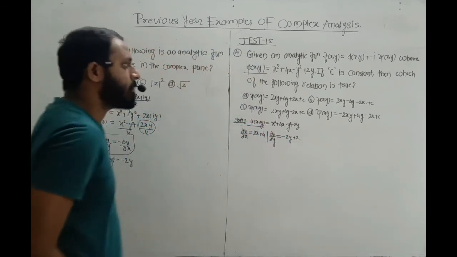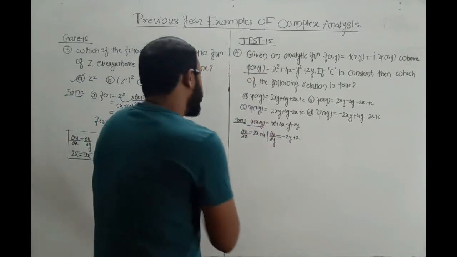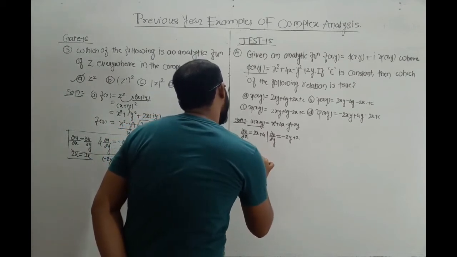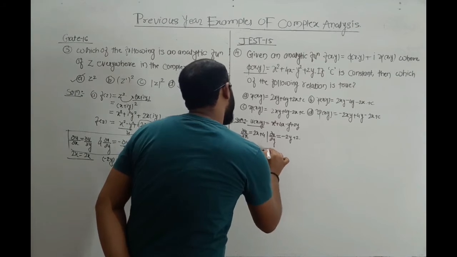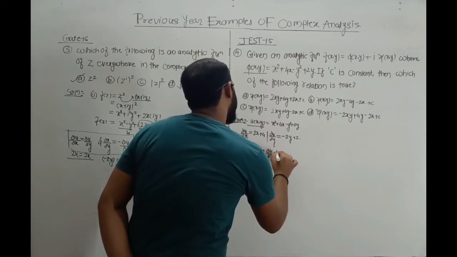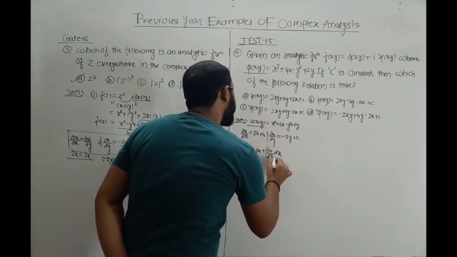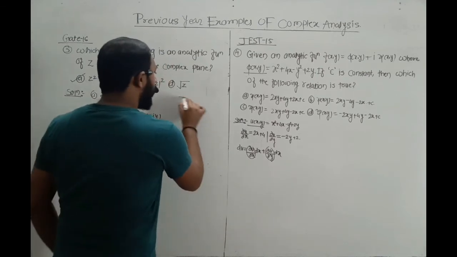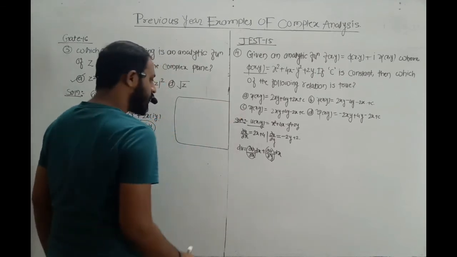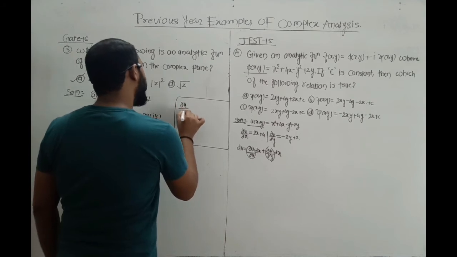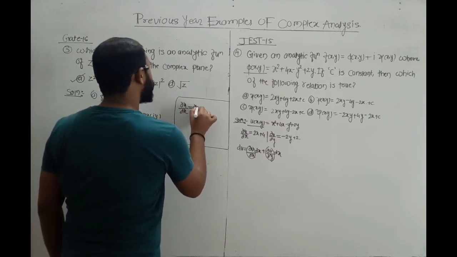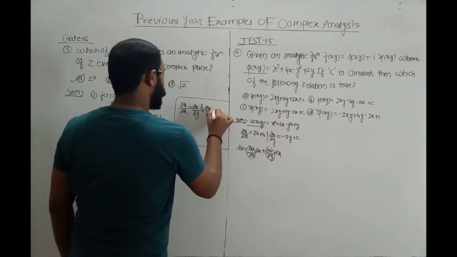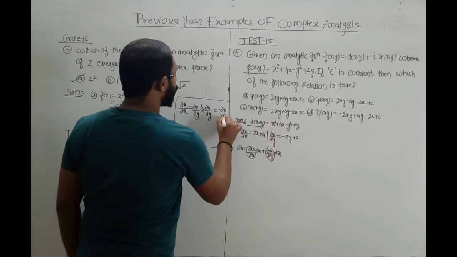Now my aim is to find the imaginary part, that is dv equals dou v by dou x into dx plus dou v by dou y into dy. But I don't have the partial derivatives of the imaginary part with respect to x and y. That's why I am going to use the CR equations: dou u by dou x equals dou v by dou y, and dou u by dou y equals minus of dou v by dou x.